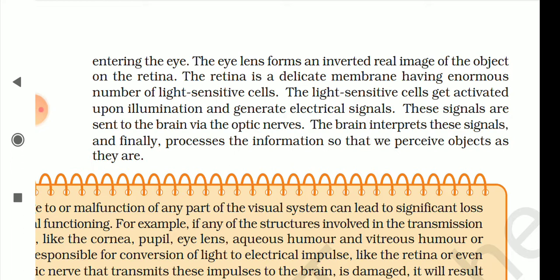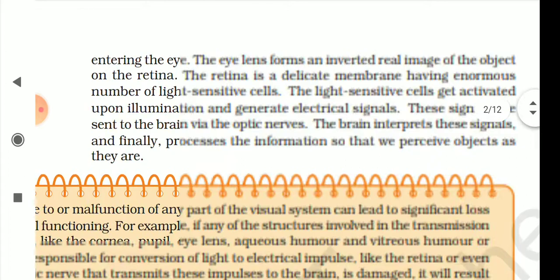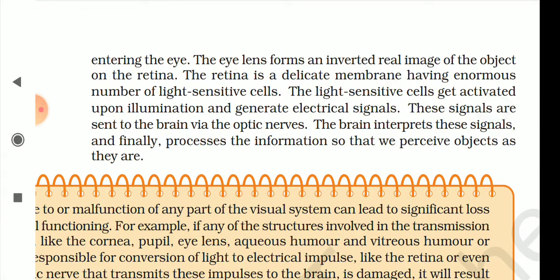But what do these light sensitive cells do? These light sensitive cells get activated upon illumination and generate electrical signals. Okay, as we saw in electricity, whenever the key switch was kept on, the electric signal was passing from the positive terminal to the negative terminal. The same thing happens over here. Whenever I see something, it senses the object in front of us.